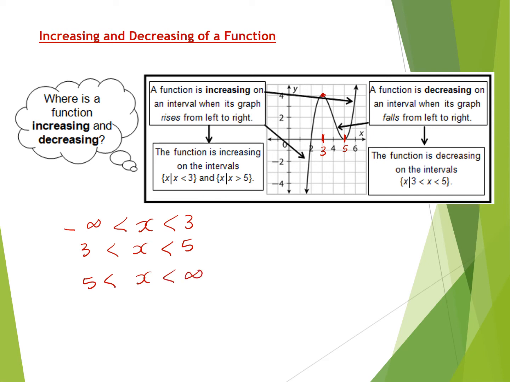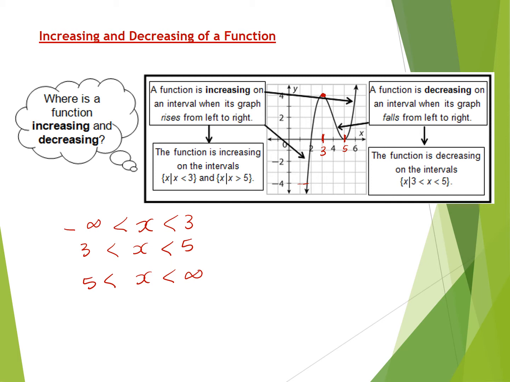This part from negative infinity less than x, if I can see here, for example, the y is negative 4, and here the y is 4. So that means I'm increasing. While I'm moving, increasing in x, I'm increasing also in y.